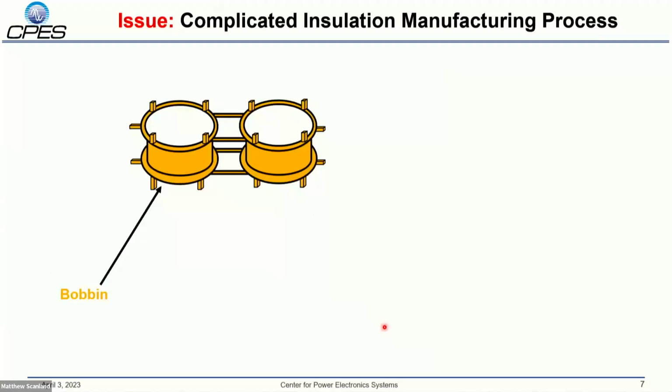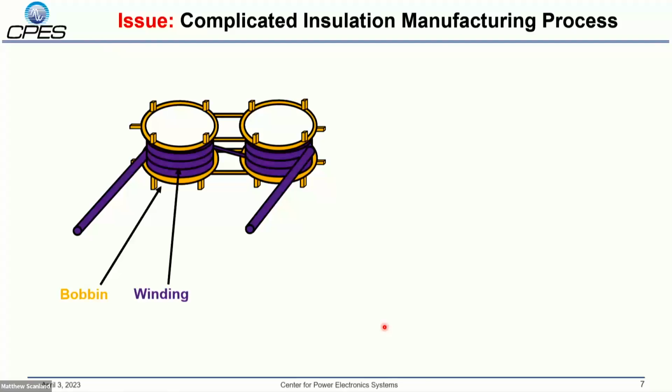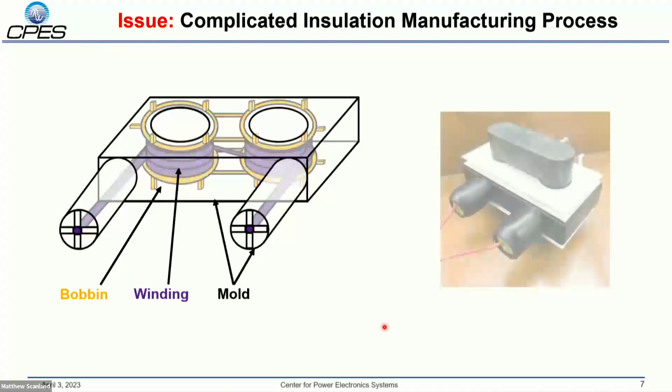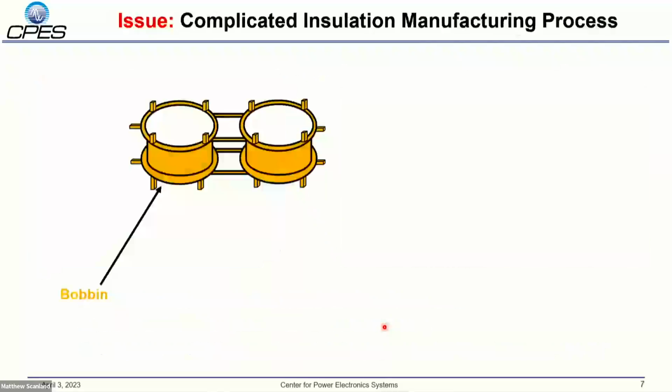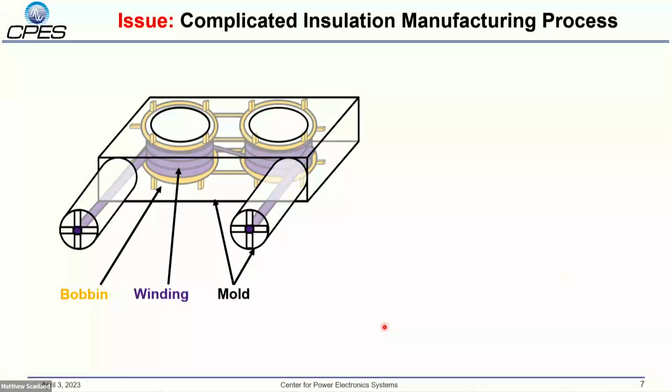As we can see here, if we would like to build a transformer with high voltage insulation, especially for the solid-state transformer with high frequency operation, we first wind the winding on the bobbin, and then we place it in the mold and pour the epoxy inside the mold.